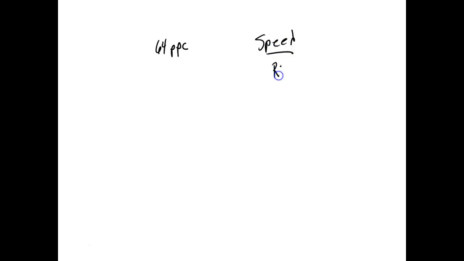Speed, and what's our speed in? RPM. The way I go from 64 pulses per revolution over to RPM would be the transfer function. Now, if I was measuring this with an oscilloscope, and I measured 20 milliseconds, what would be the speed?